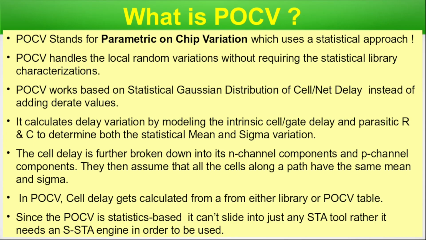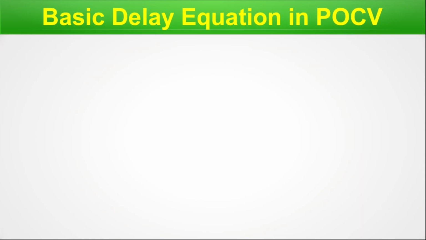We know it theoretically, it is different. The statistics mathematics related to it is very much different from our regular mathematics. So this engine must have all the necessary statistical mathematics and algorithms enabled so that POCV can run on it. So here comes the plus factor that I was talking about, the POCV.